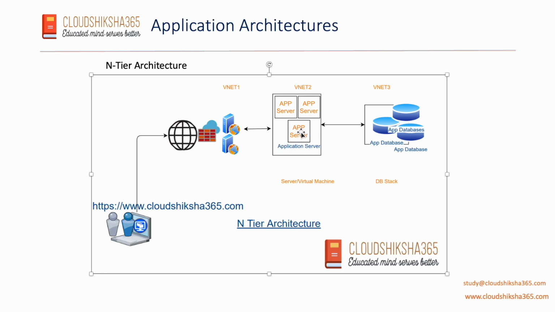If one of them goes down, our application is still live, because there are two more to handle and manage the requests. The same goes for databases. All these are in clusters, spanning across different networks. And of course, every tier, the database tier, the application tier, or the web tier, is segregated between different network interfaces, and then there is a firewall in between to make it secure. This is what is called N-tier architecture.